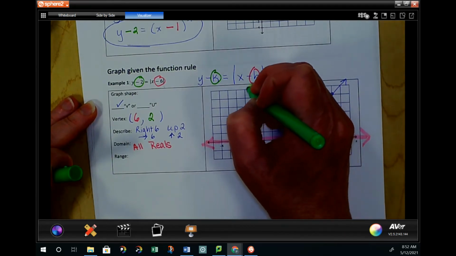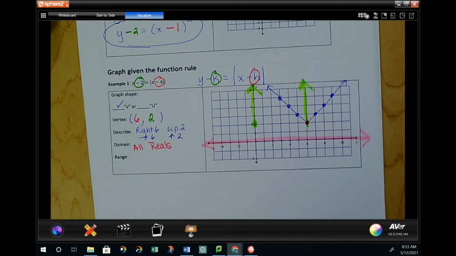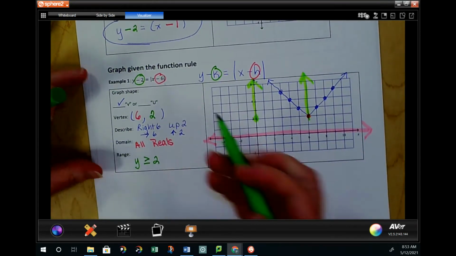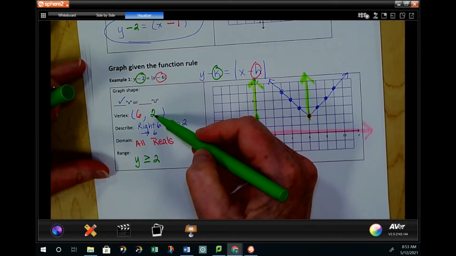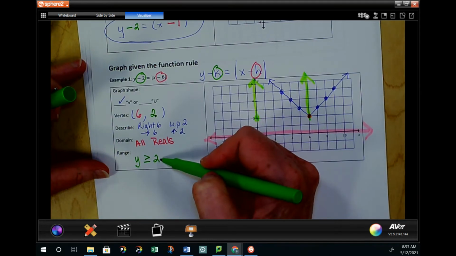I convert it over to the y-axis, and then it goes all the way up. The lowest point that it goes to is 2. So y is greater than or equal to 2. Again, the y value of your vertex point, k, is the same as for your range. That is not a mistake.